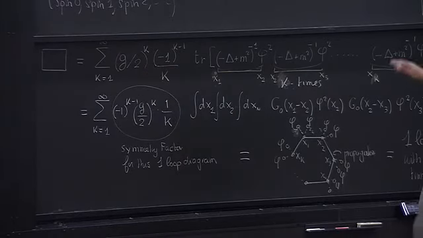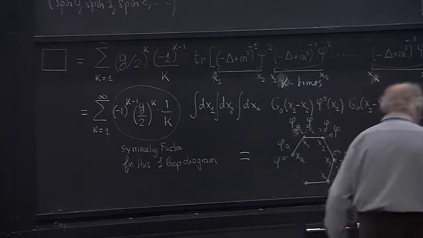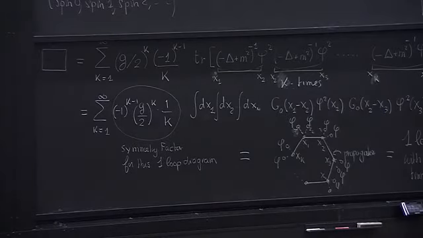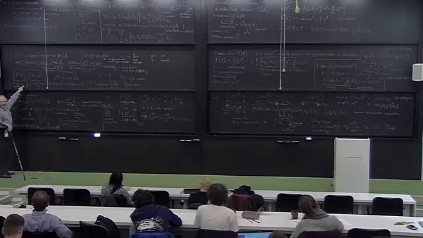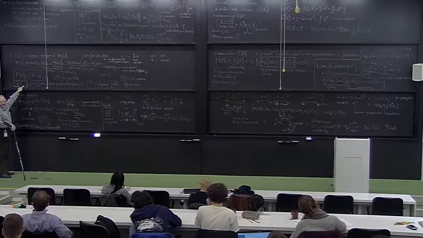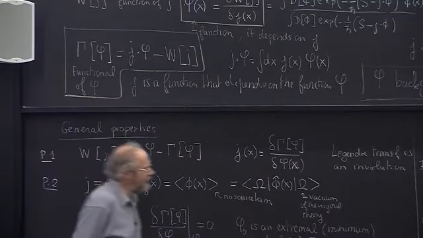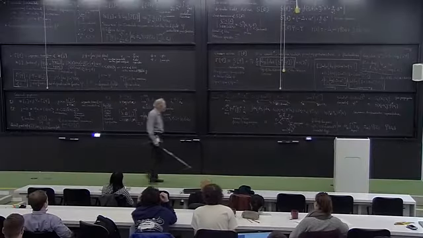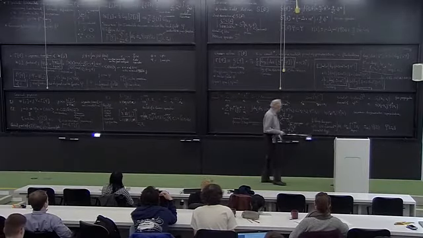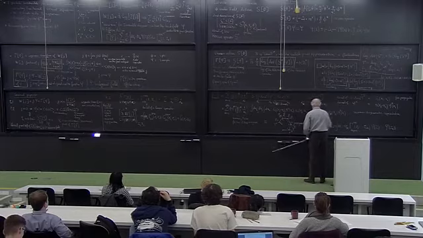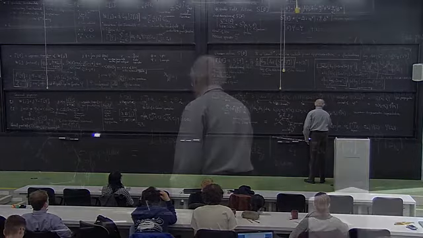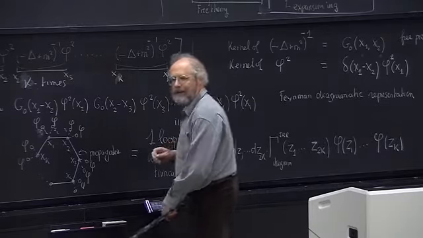So this explicit calculation shows explicitly what I claimed at the beginning of the lecture, which is that this object, defined as a Legendre transform of a generating function of connected diagrams, generates the one particle irreducible diagrams.